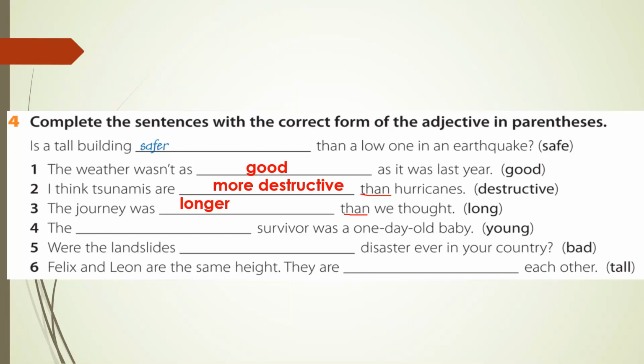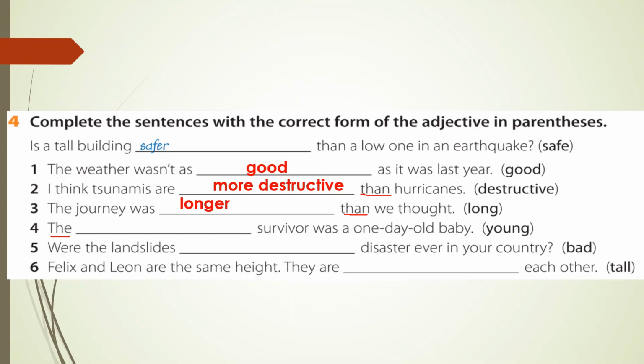Number 4, the survivor was 1-day-old baby. So here I'm comparing not two things, but I'm comparing one survivor, one person, right? And also I have here something that helps me, this article the.